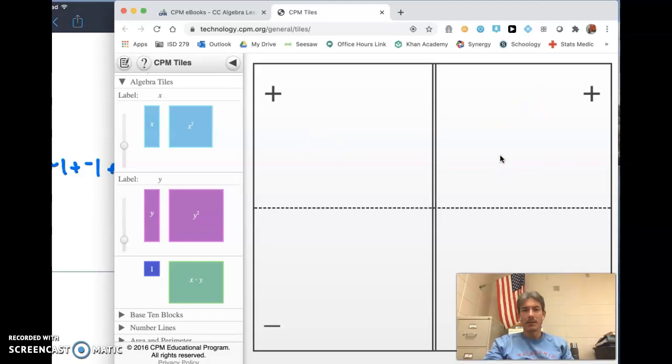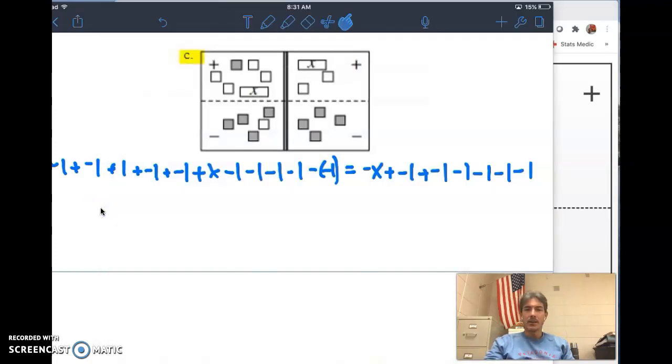Let's check this out. Okay, I took and I wrote this. And we're going to do some canceling of some zero pairs. We're going to do some combining of like terms. I've got a zero pair here. Let's see. This is going to turn into a positive one. I'm going to cancel that. All right. Any zero pairs on the left-hand side? Nope. What happens here, though? Oh, I'm sorry. I missed a sign on this X. I wrote something wrong.